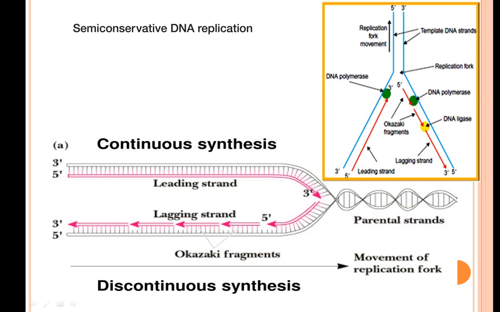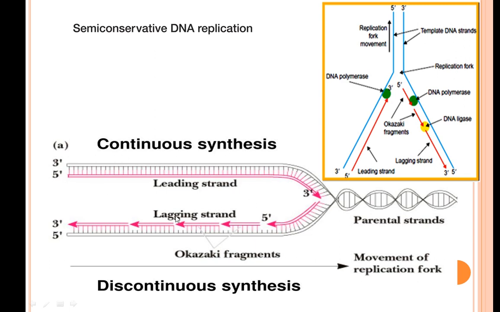Now, semi-conservative DNA replication. We studied that each parent strand serves as a template for the formation of the new but complementary strand. Here you can see this is the parental strand, and this is the newly formed one.